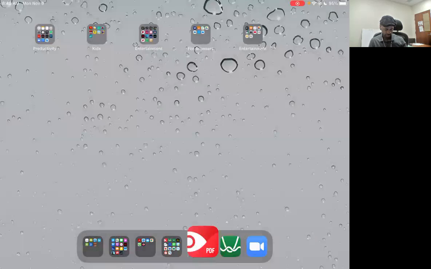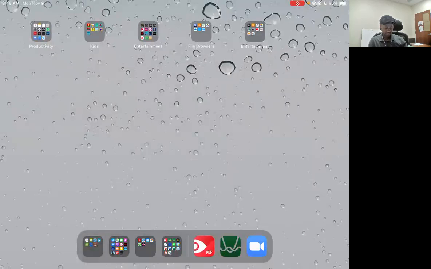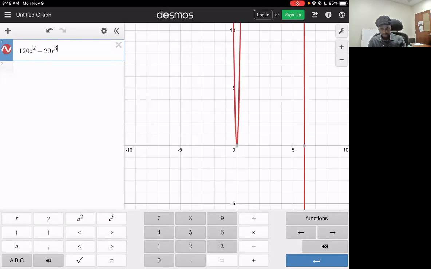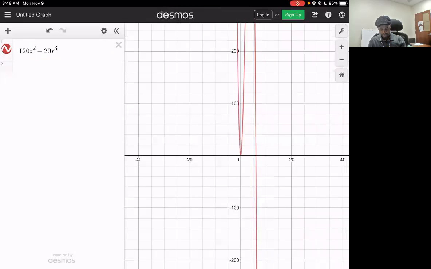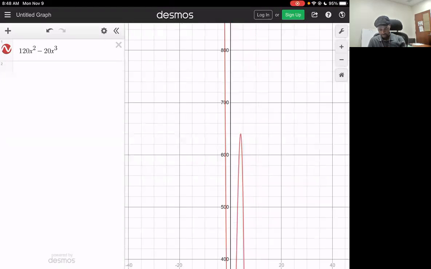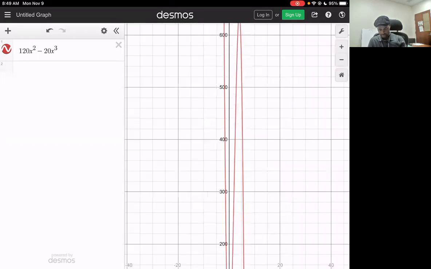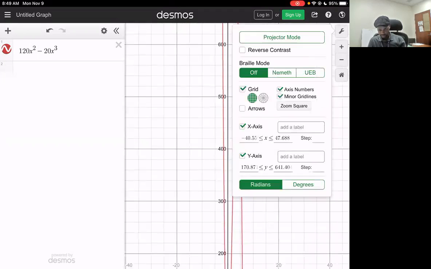Now we want to graph this function. So I'm going to pull up my Desmos app. We've got 120x squared minus 20x cubed. Now notice I can look at it and I'm scrolling, so I need to change this window just a little bit. Let's clean it up.